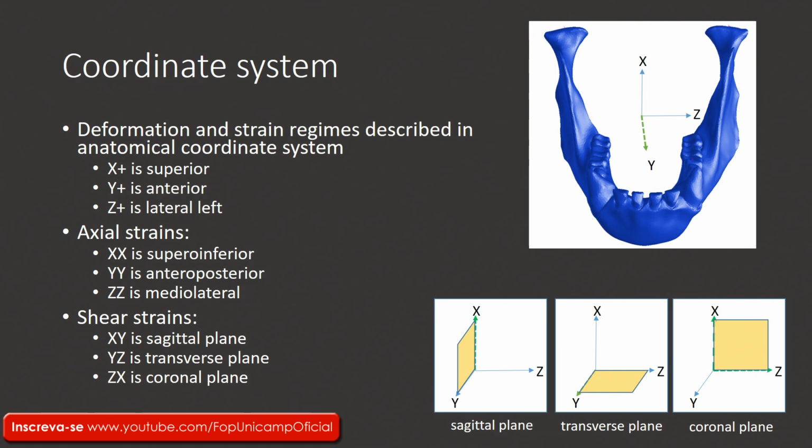Our axial strains will be described as XX being supero-inferior, YY anteroposterior, ZZ mediolateral. And when we talk about shear strains, we're talking about those occurring in named planes. So our XY plane is our sagittal plane, our YZ plane is our transverse plane, and our ZX plane is our coronal plane.